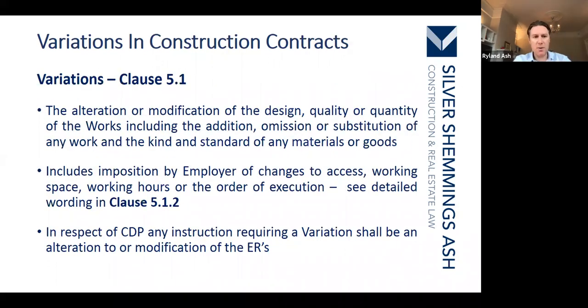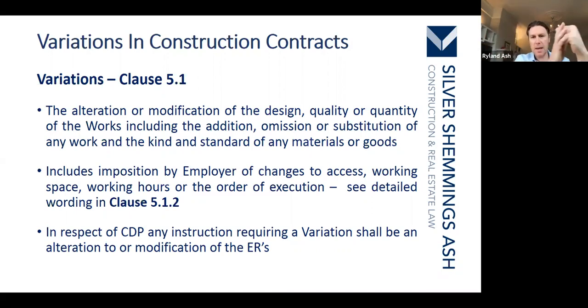So looking at the JCT contract, variations under 5.1, we've got a good definition there. The alteration or modification of the design, quality or quantity of the works, including addition, omission or substitution of any work, and the kind or standard of any materials or goods. And it includes the imposition by the employer of a change to access.